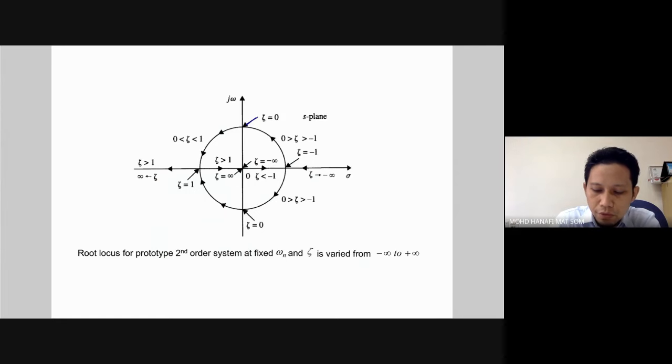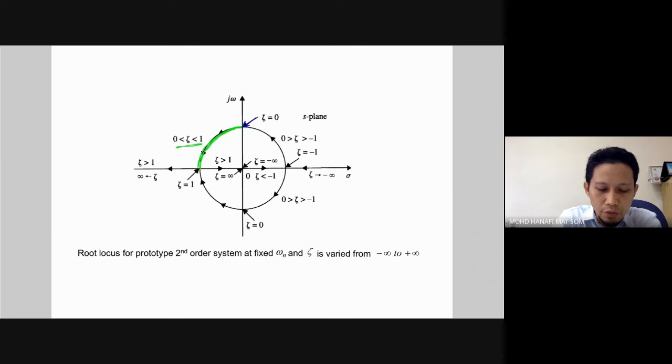Okay, at this point of location, zeta equals 0, and then when we change the poles' location, let's say we move it counterclockwise, what we have here is this region over here, which is zeta greater than 0, less than 1.